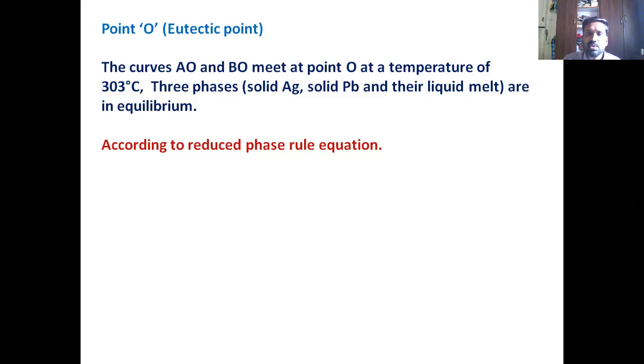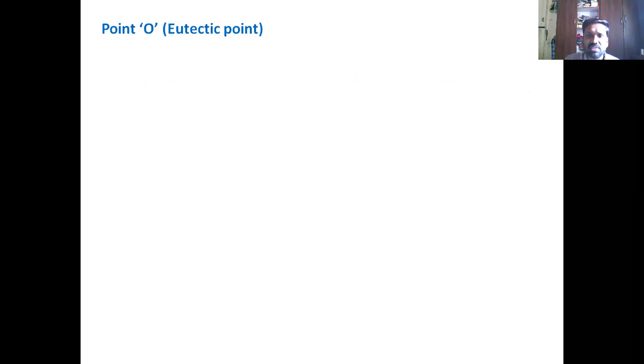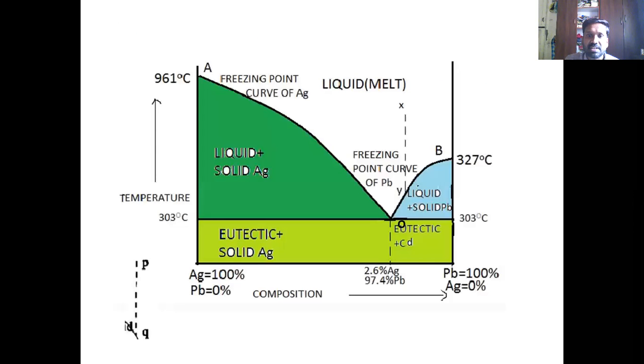So at the eutectic point, apply the phase rule. F is equal to C minus P. How many components? 2 always, because we are considering a 2-component system. It is always 2 minus 3, number of phases 3, and plus 1, F is equal to 0. Which are those 3 phases? One is the liquid phase, the melt, a homogeneous phase, and the other two are solid Ag plus solid Pb.